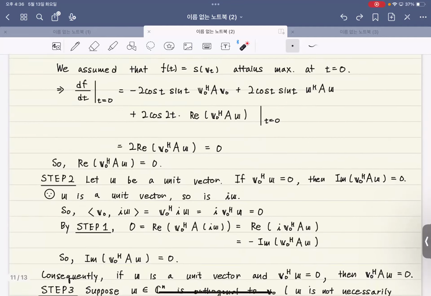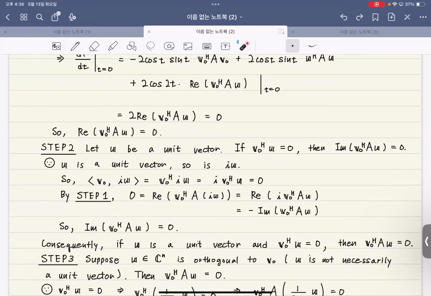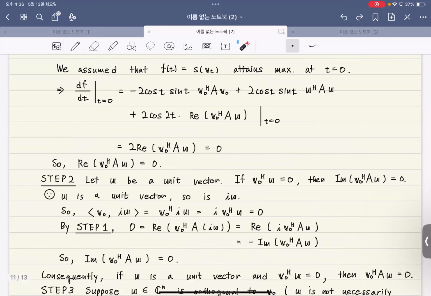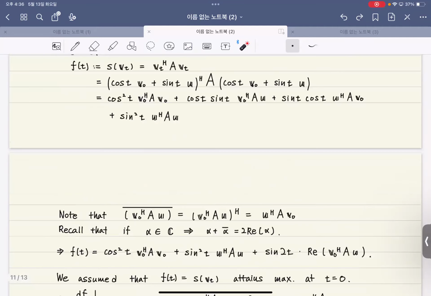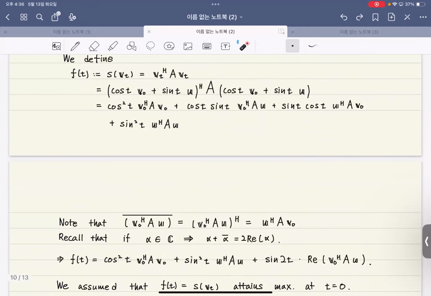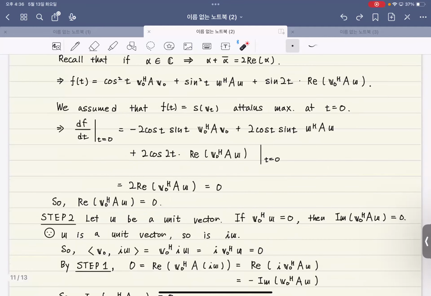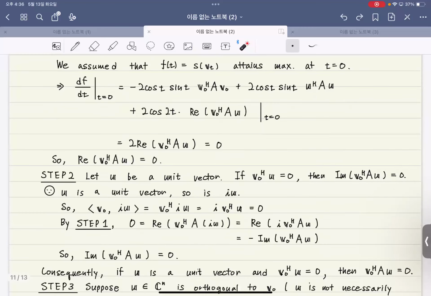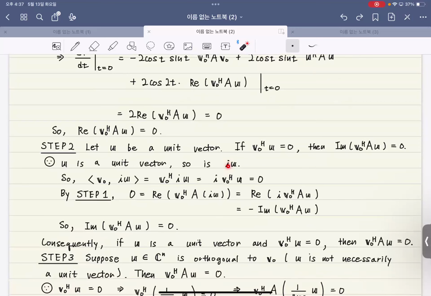And step number 2. In step number 1, we proved that the real part of this number equals 0. Under the same hypothesis, now we prove that the imaginary part of this number equals 0. Why? Because u is a unit vector, so i times u is also a unit vector. Taking the inner product of v0 and i u is also 0, so v0 and i u are perpendicular.